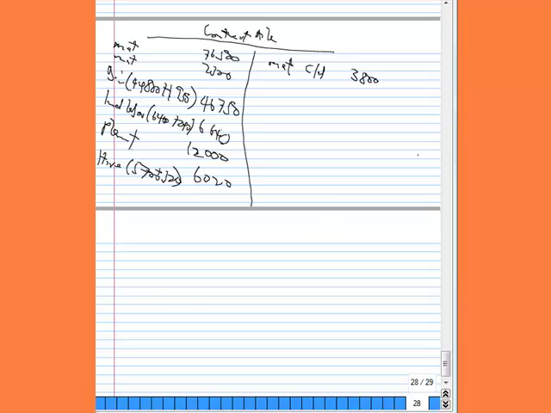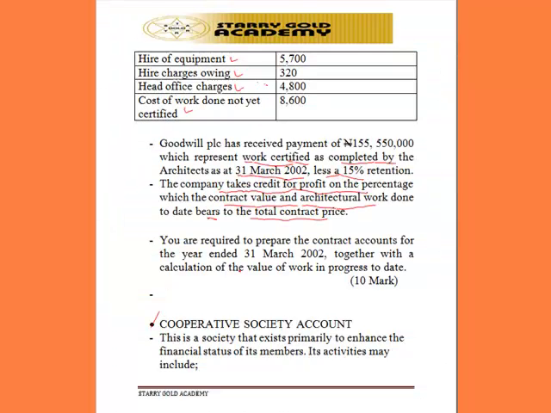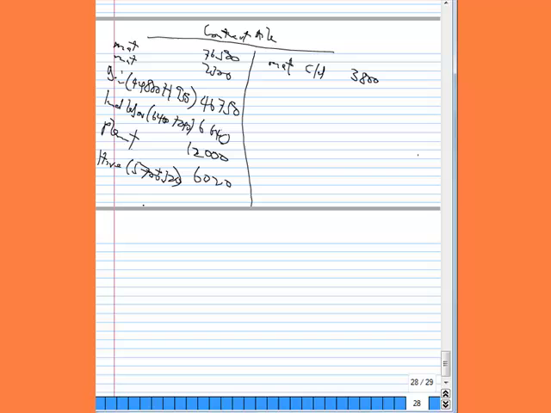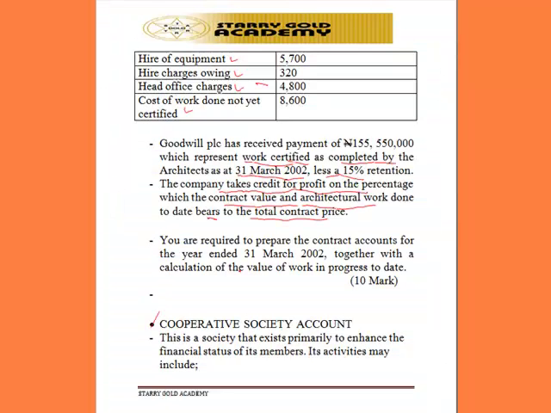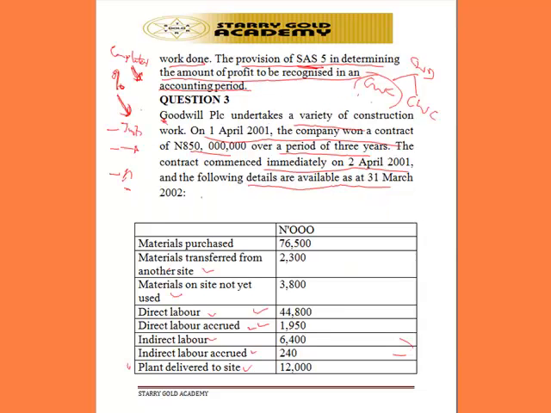Then we have head office charges 4,800. Cost of work done not yet certified is 8,600. Normally, since there was plant delivered to site, there should be a balance brought down of that plant.